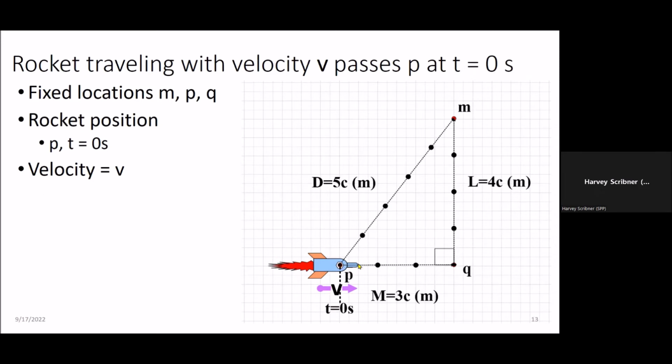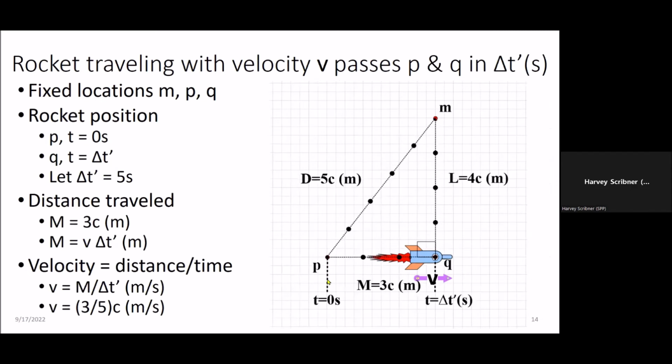And it's moving horizontally to position q with velocity v. So what we're going to do now is allow the rocket to arrive at position q with the same velocity. There's no acceleration, constant velocity, at time equals delta t prime.